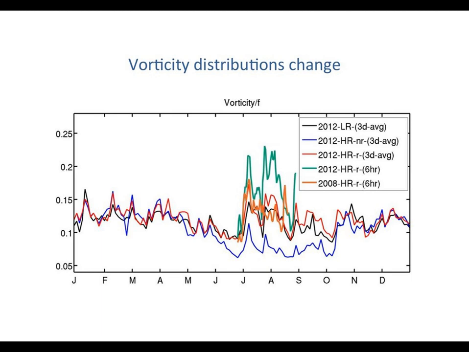When you have high normalized vorticity on average in the region, it means that you have a lot of sub-mesoscale variability, because that's what gives you high values of normalized vorticity. Just look at the green and orange lines. Those are 6-hourly outputs.